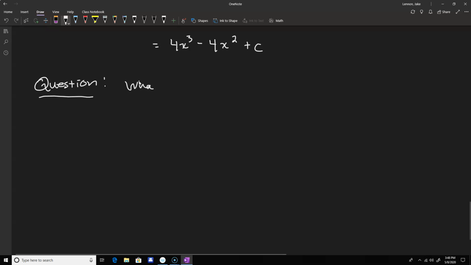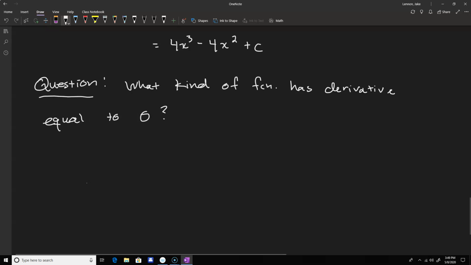So what kind of function has a derivative equal to 0? So we saw that any constant has derivative 0.